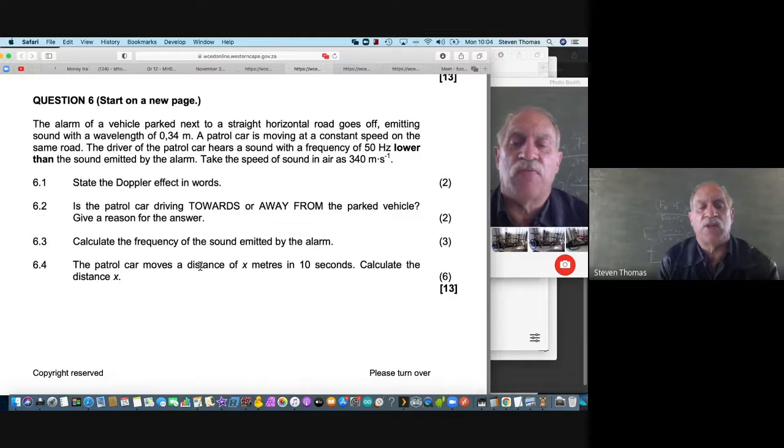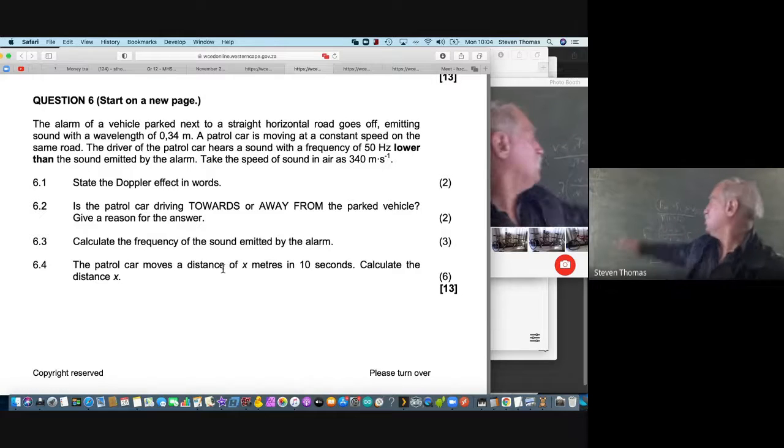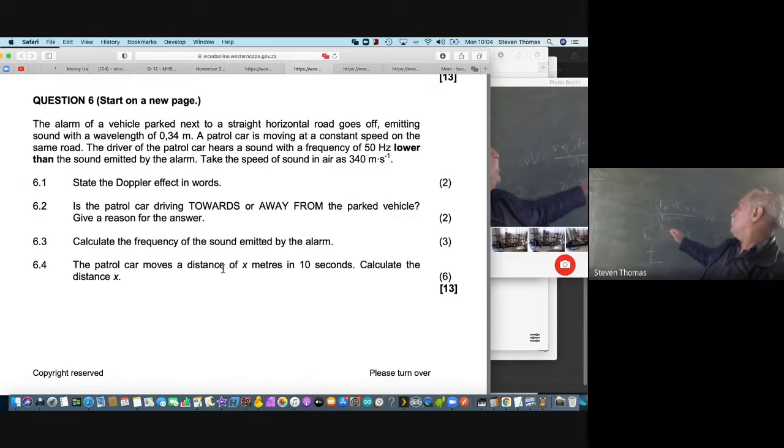So we've got to work out the velocity of the listener, using our standard formula for Doppler. It's the same one that's on the board behind me: frequency of the listener equals f times V plus or minus V listener over V plus or minus V source.